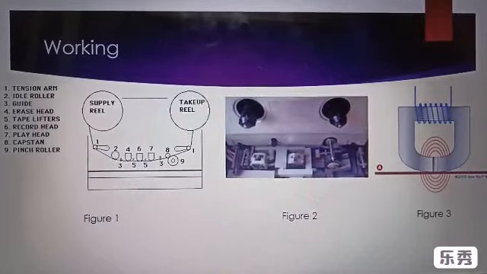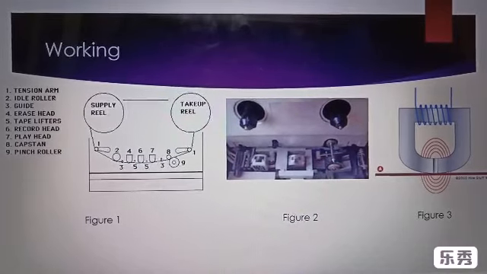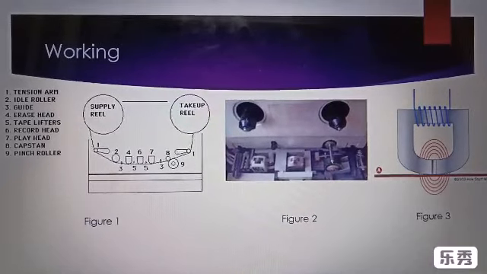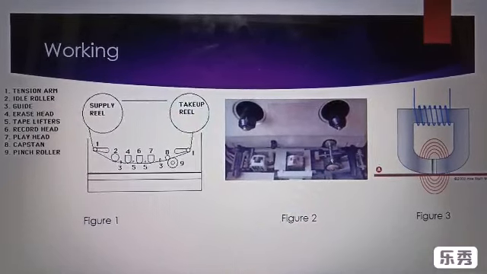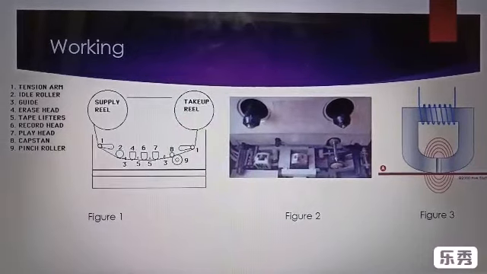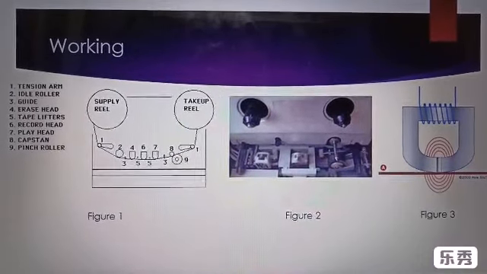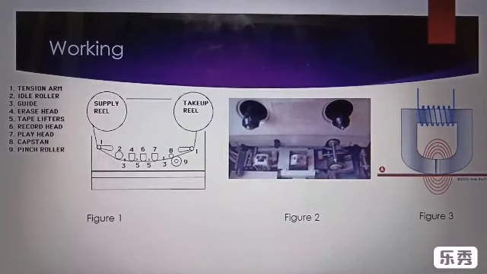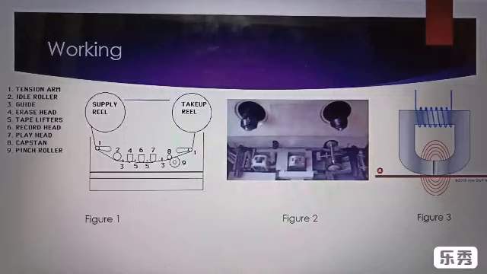That is, first a magnetic field is produced, and that magnetic flux creates an electric signal in the coil, and there our signal gets amplified and comes out through the speaker. So this is the flow of the process going on inside the tape recorder.